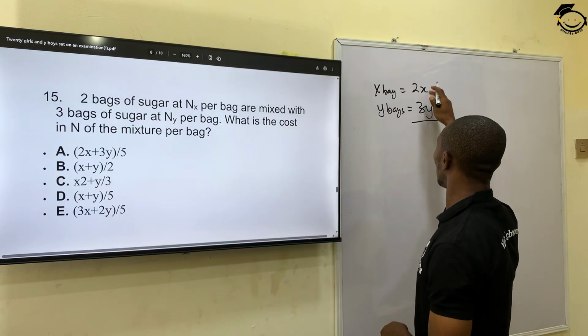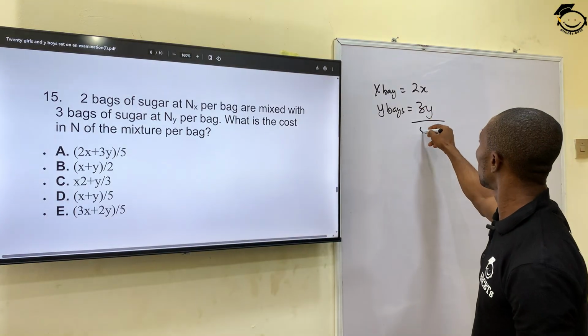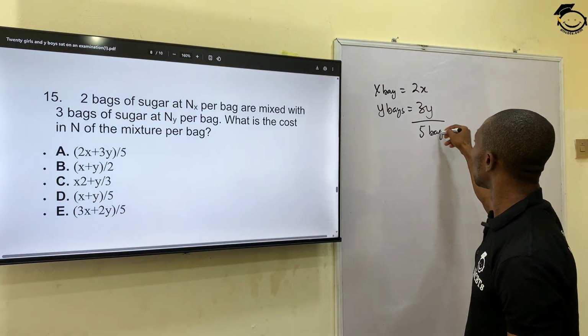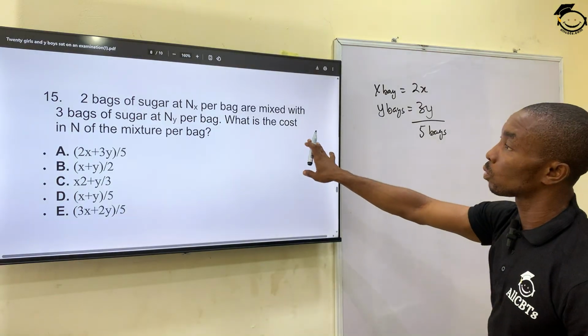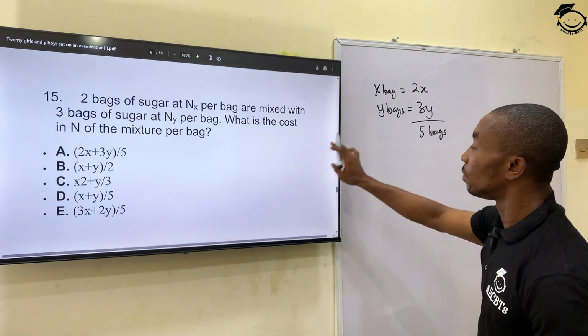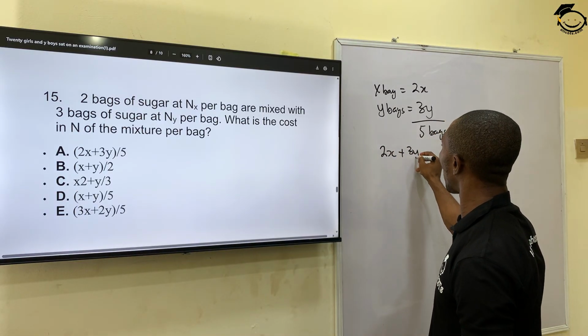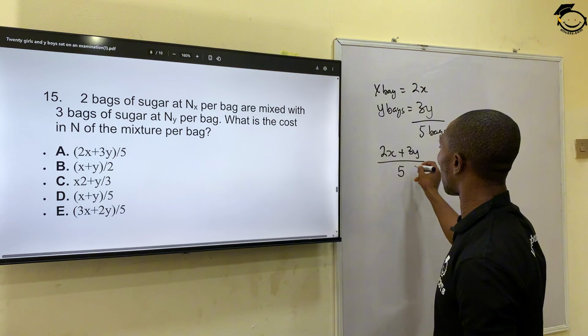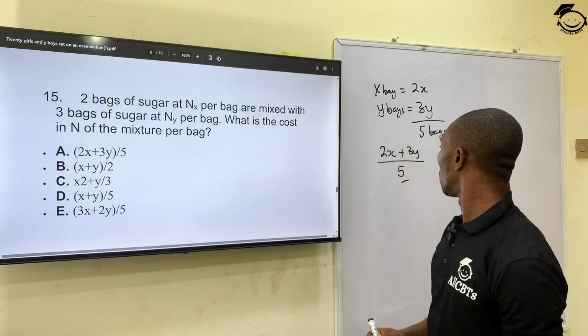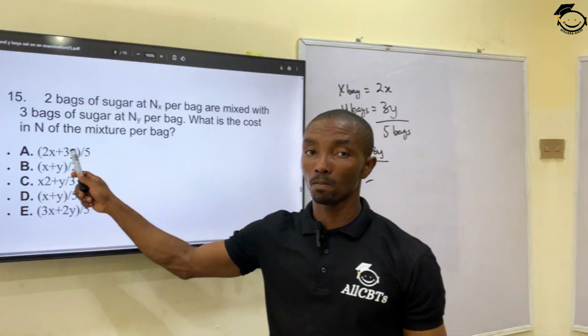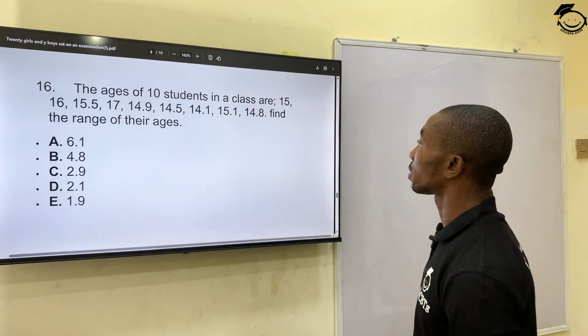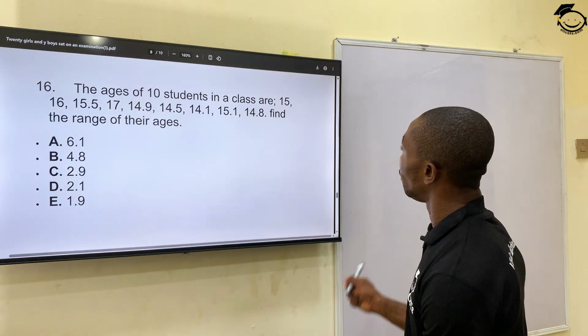Now, what's the total number of bags mixed? It will be 5 bags. So the cost in naira per bag will become 2x plus 3y divided by 5, which will give us option A.